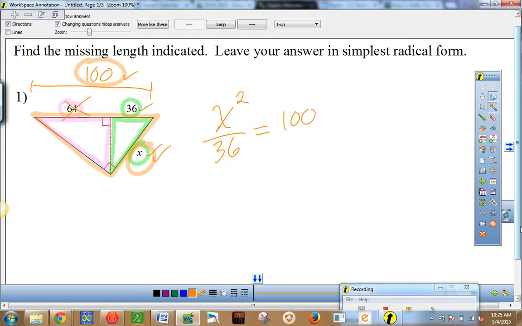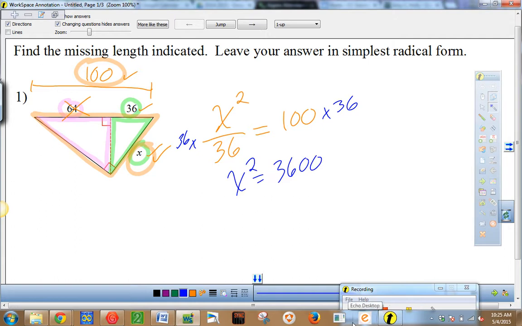How do you solve something like that? Multiply by 36 on both sides. So I've got x squared equals 3600, and then square root.